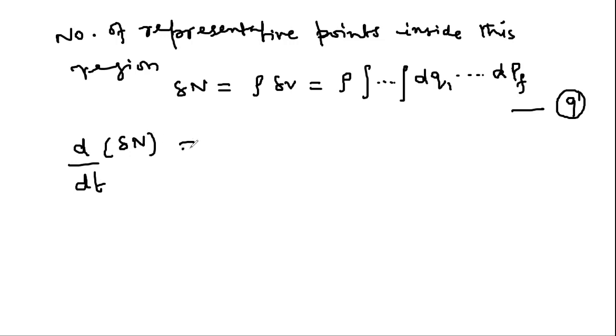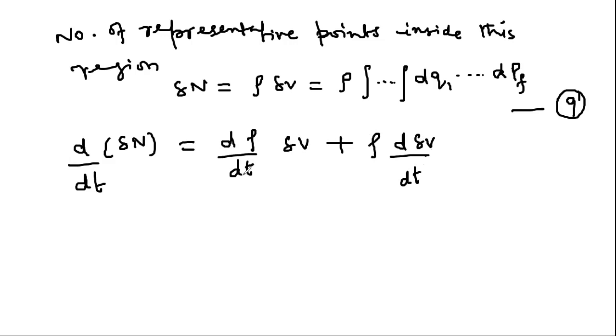So delta n is rho times delta V. So from the product rule, it will be the time derivative of rho times delta V plus rho times the time derivative of delta V. Right?